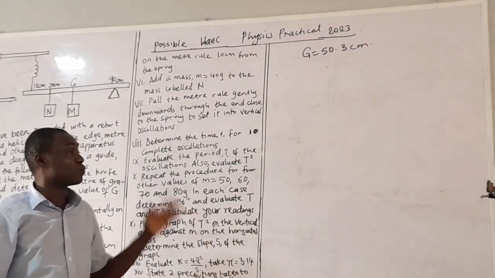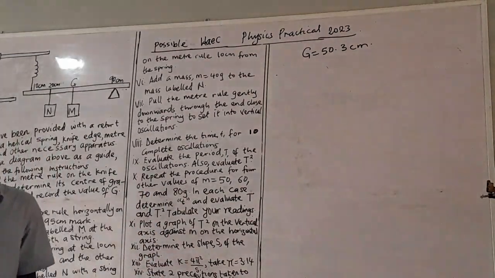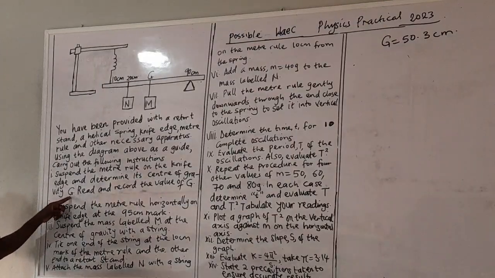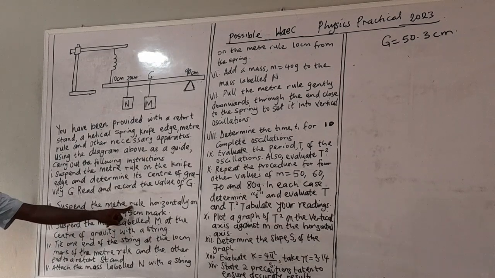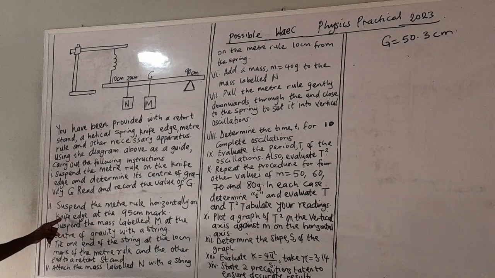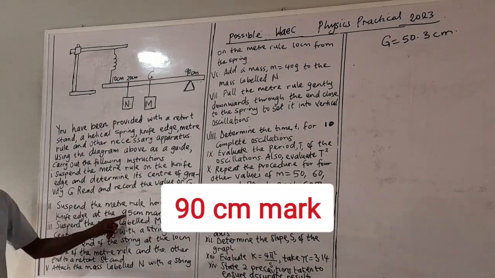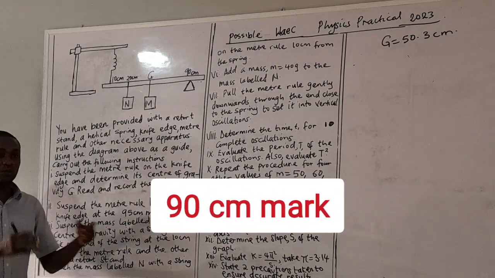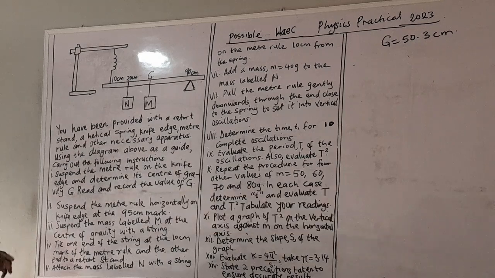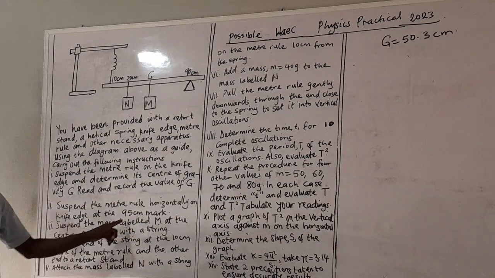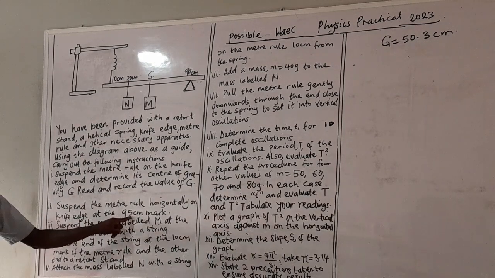So let us read through the other parts of the question. Okay, having determined G, we can now read through the question. Suspend the meter rule horizontally on the knife edge at the 95 cm mark. I'm going to read through the question before I start the experiment proper. So I'm going to suspend the knife edge at the 95 cm mark of the meter rule.